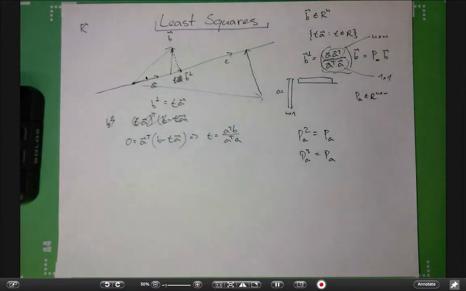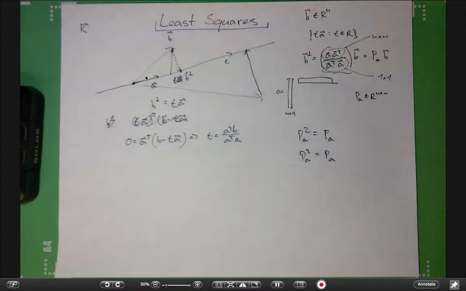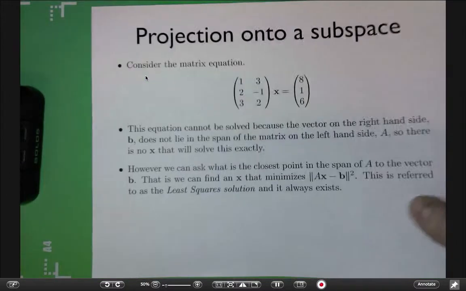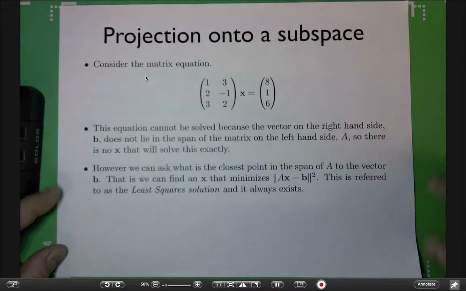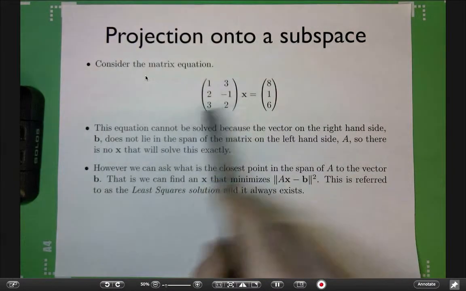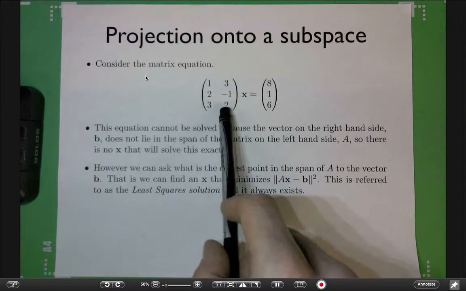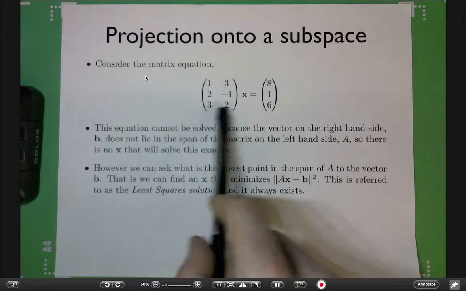The other way we can look at least squares is from an algebraic perspective. So look at this system of matrix equations. Let's say we need to solve the system of equations. And we already know how to do this, right, for arbitrary rectangular systems.